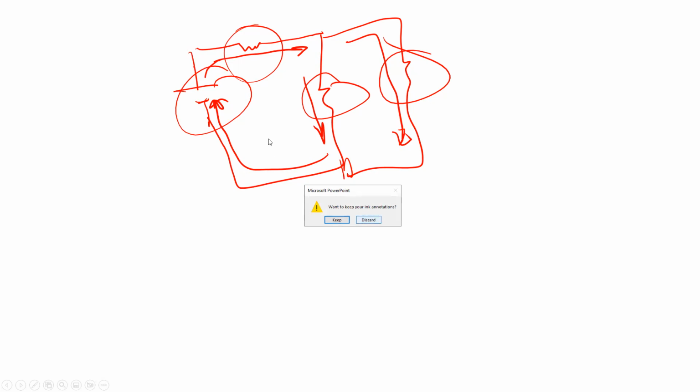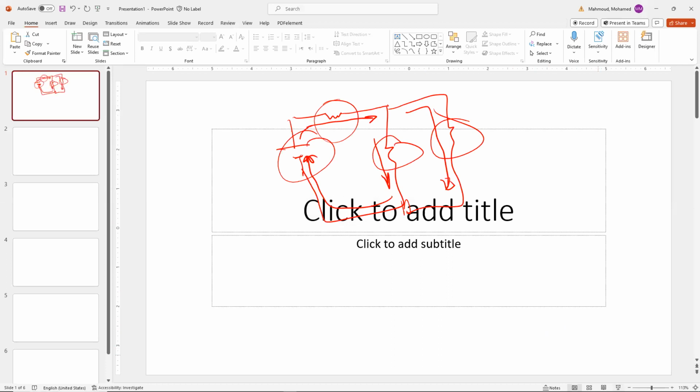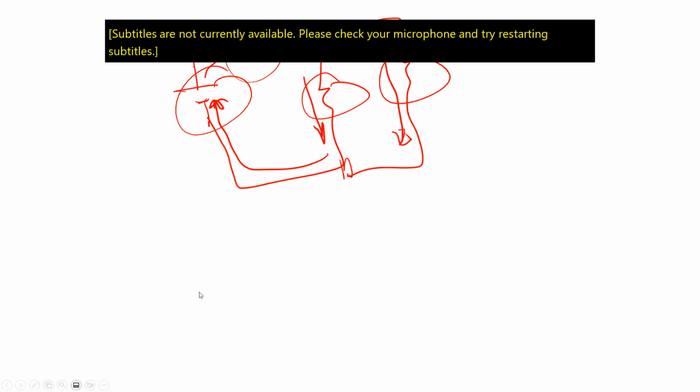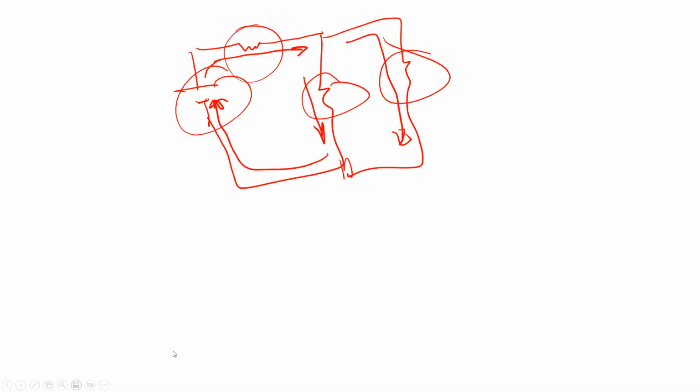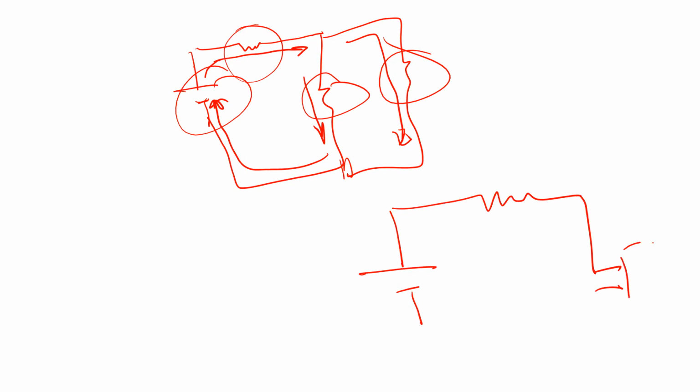And one more thing, when the current flows this way, what we actually do is transfer electrical energy. So what happens if you have, for example, a battery here, you put a resistor here, and then you put a lamp or a bulb here.